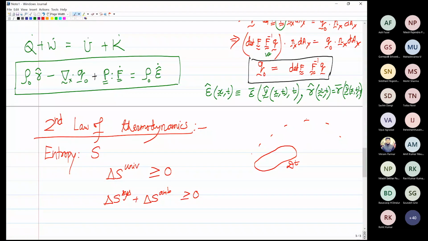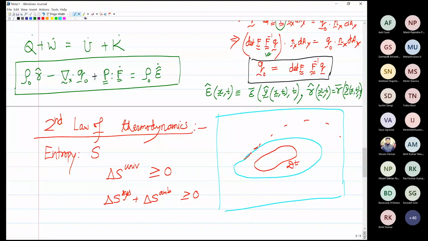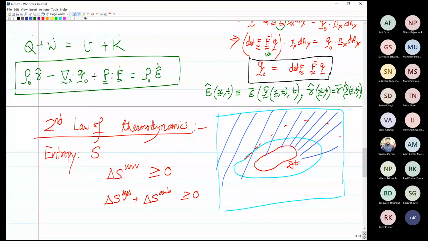So if this is your full body, and see, this is the universe, then this part, the blue shaded part, that's the ambience. Everything other than your current system of observation, that's the ambience.